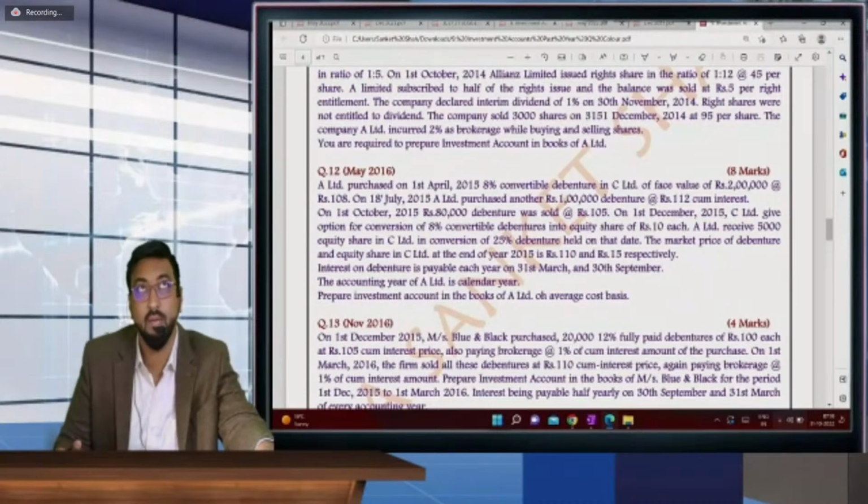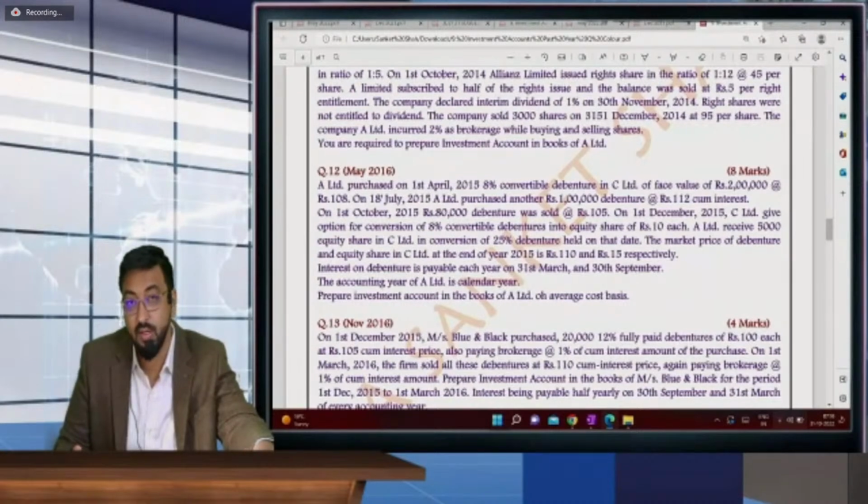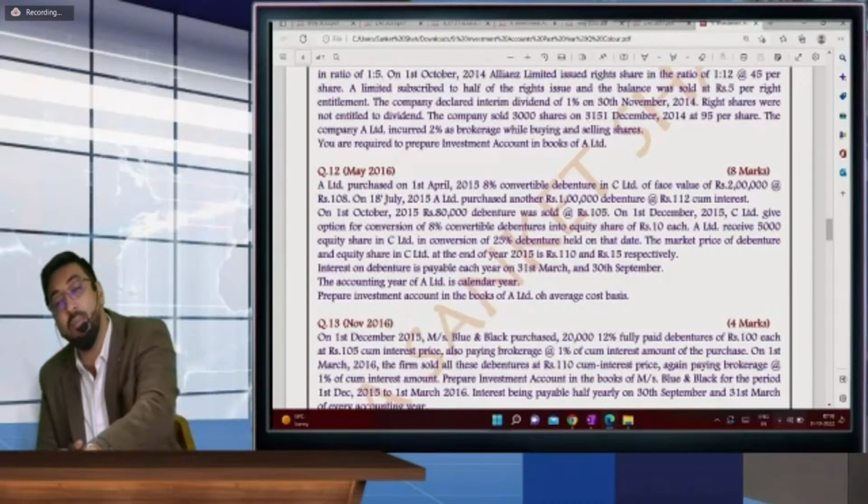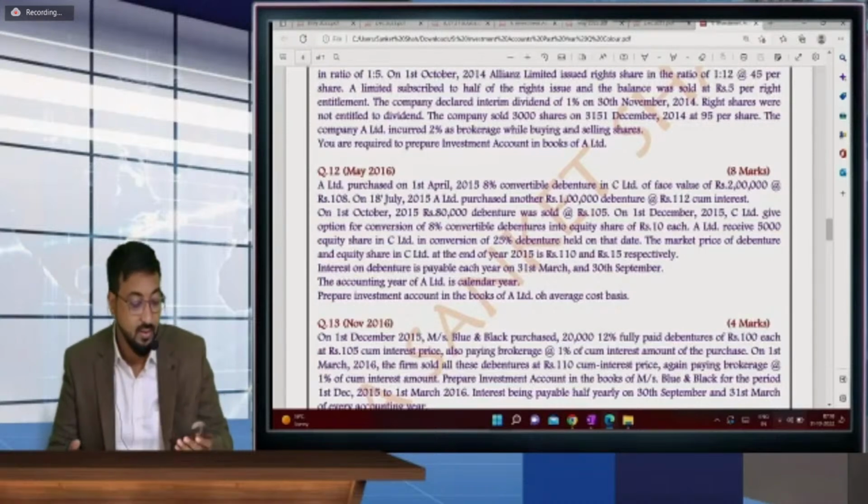I remember when I solved this question in the May batch. For students who appeared for May 2016, I had completed the investment chapter, but this was a googly for them. They were like, sir, it was a very difficult question, very dangerous. Nothing was difficult, but still, you never applied your mind in the exam, and that is why you are finding the CA course difficult. This question is really easy.